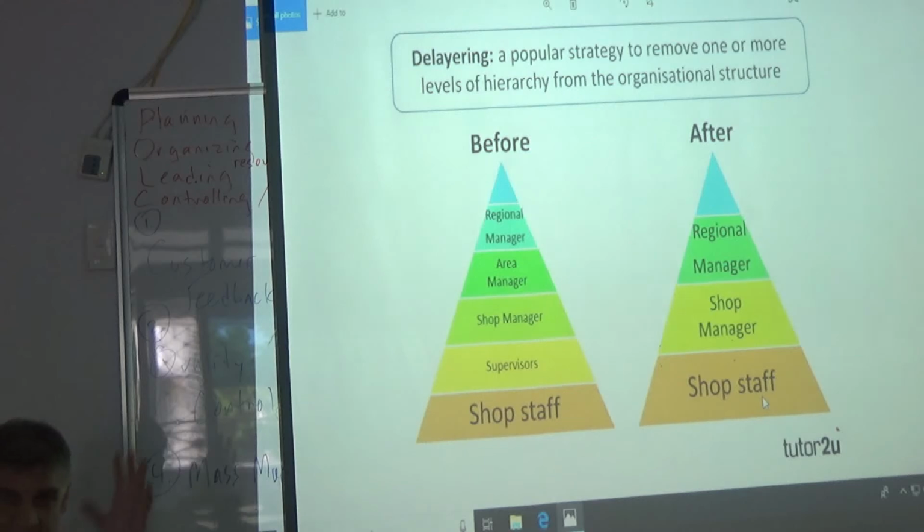So if you're a tall structure and you're very conservative and all decisions are made by the people at the top who basically are out of touch with the customers, then you may end up with a situation where, like Nokia phones, it gets old and they cannot compete with the new competitors like Apple.